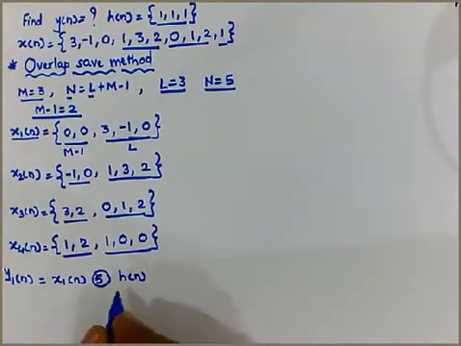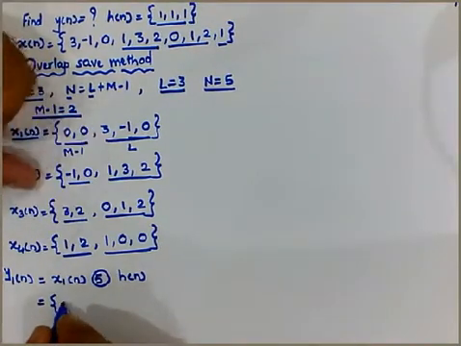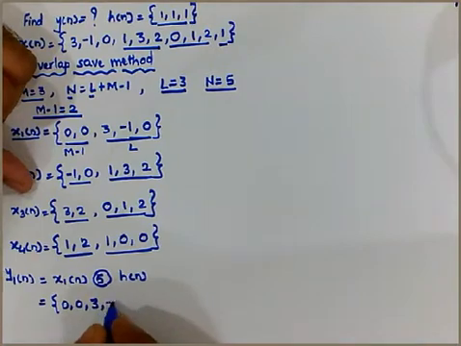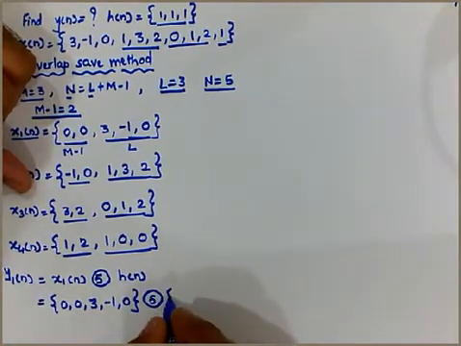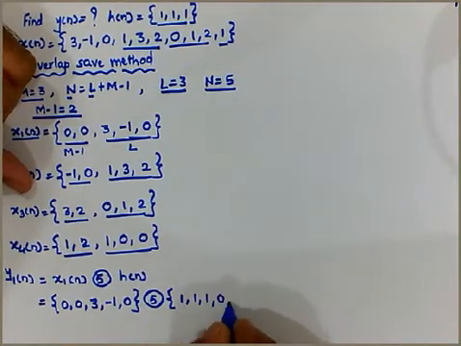H of n is 1 1 1, which means we need to append two zeros to it. So in short, it is 0 0 3 -1 0, 5-point circular convolved with 1 1 1 0 0.